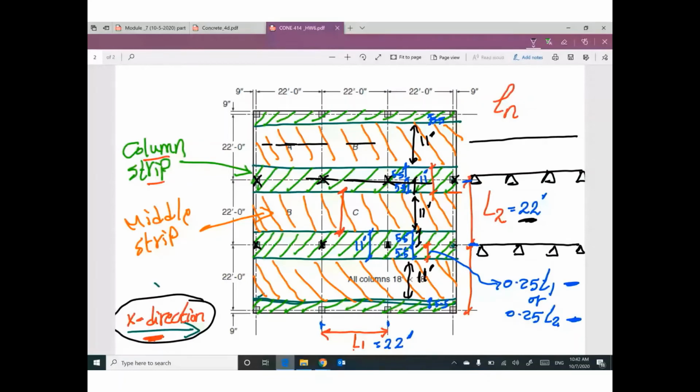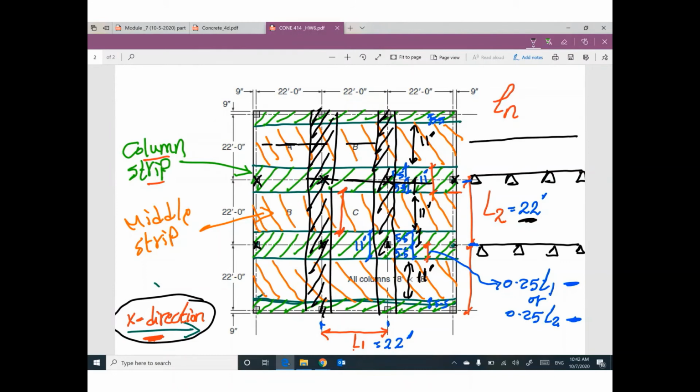So, at this column, we have here a column strip. Can you watch this column strip? And we have here another column strip. And we have here another column strip. And we have here another column strip.